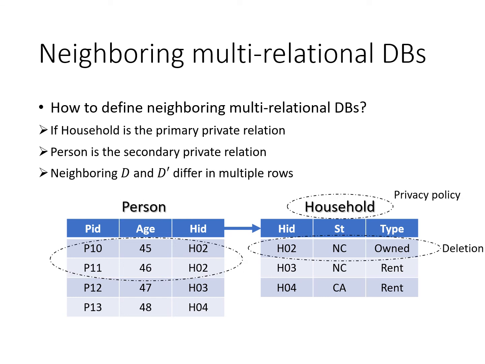And if the household is the primary private relation, then the person relation is the secondary private relation due to the foreign key household ID, HID. And now the neighboring multi-relational databases differ in multiple rows due to the deletion of one row in the household.